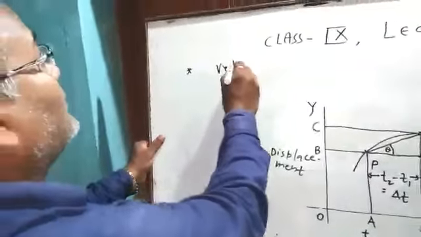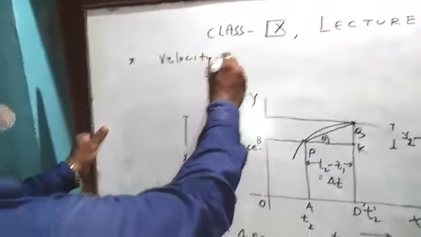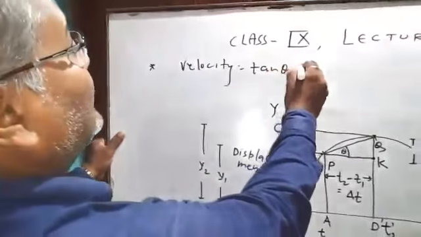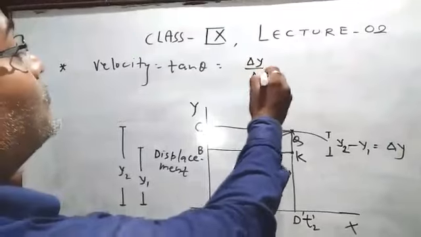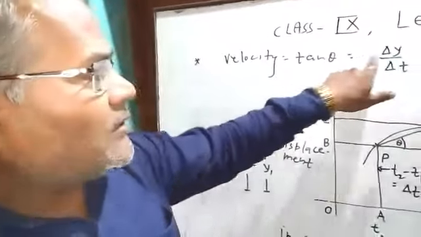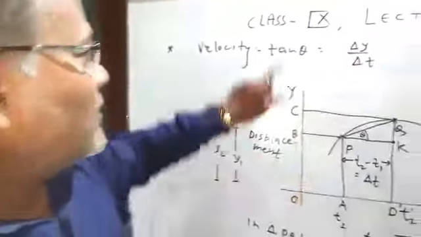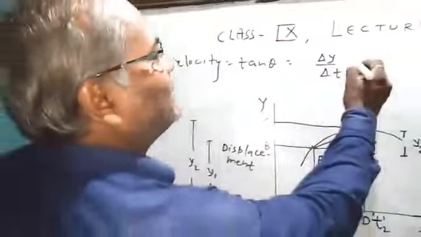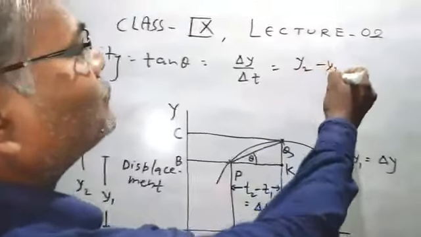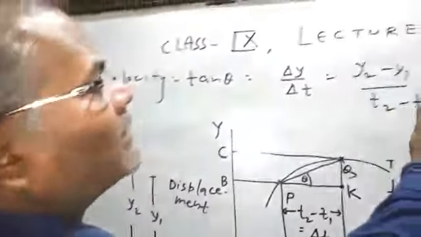Hence, velocity is equal to tan theta, which is equal to delta y upon delta t, and it can be written as y2 minus y1 divided by t2 minus t1.